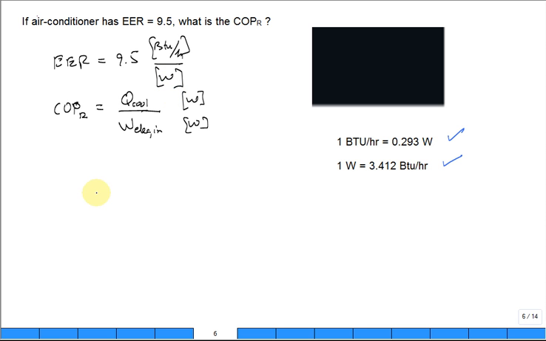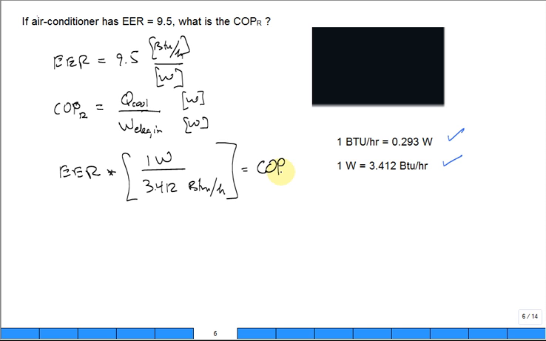So what we find is that the EER, if you multiply by the unit conversion of 1 watt per 3.412 BTUs per hour, that's the unit conversion factor, then the units will be transferred over into the right units for the coefficient of performance for refrigeration.